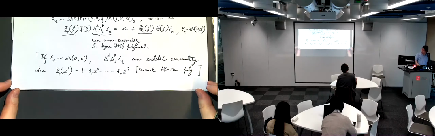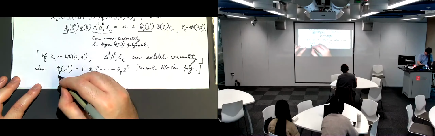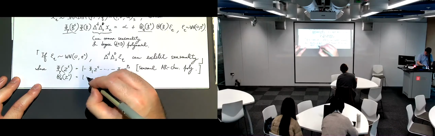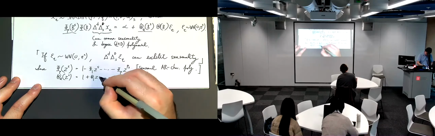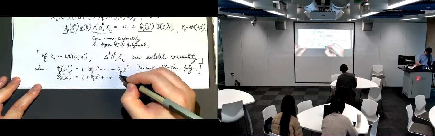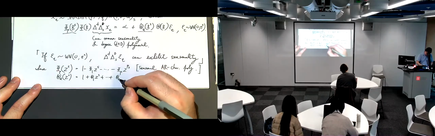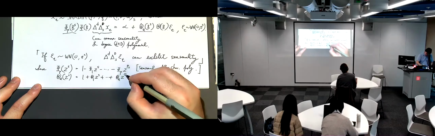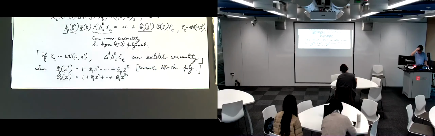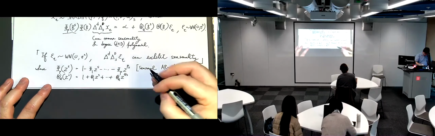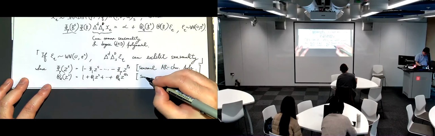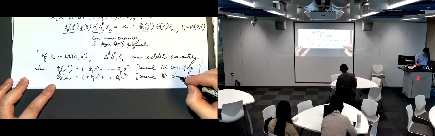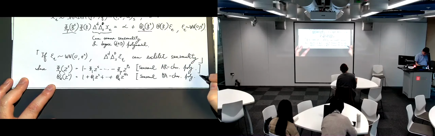Okay. And by the same token, theta big Q z to the power s is 1 plus theta 1 z to the power s plus up to theta big Q z to the power big Q times s. So this is seasonal MA characteristic polynomial. Okay.